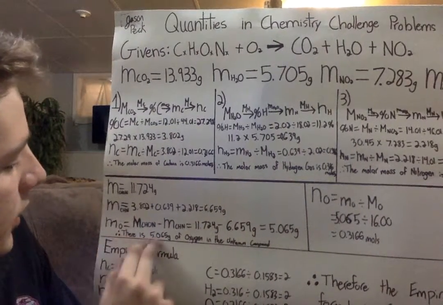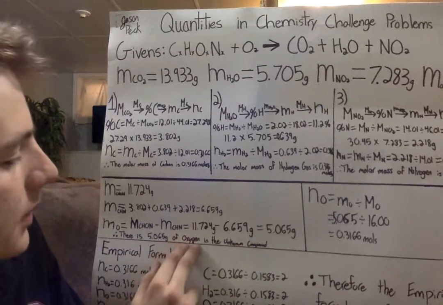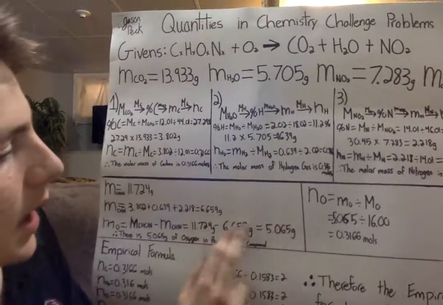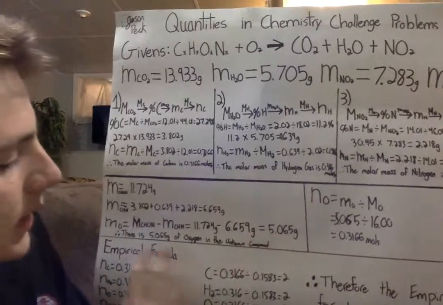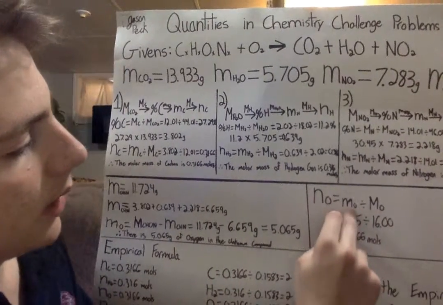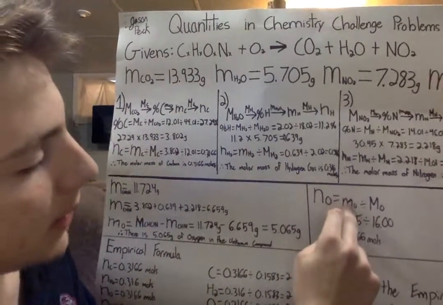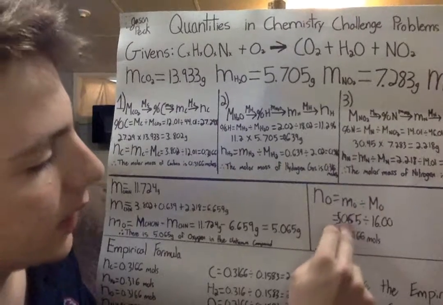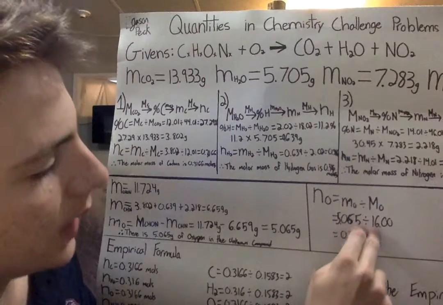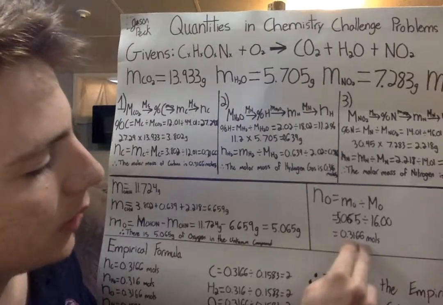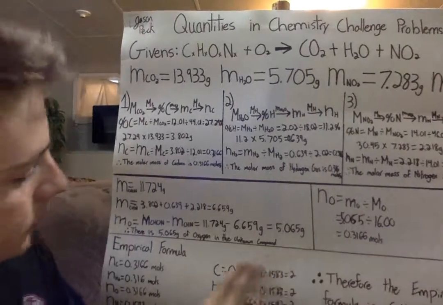So the mass of oxygen is 5.065 grams in the unknown compound, and here we found the number of moles because it is required later on. So you take the mass of oxygen and divide it by the molar mass of oxygen, which is 5.065 divided by 16, which is 0.3166 moles.